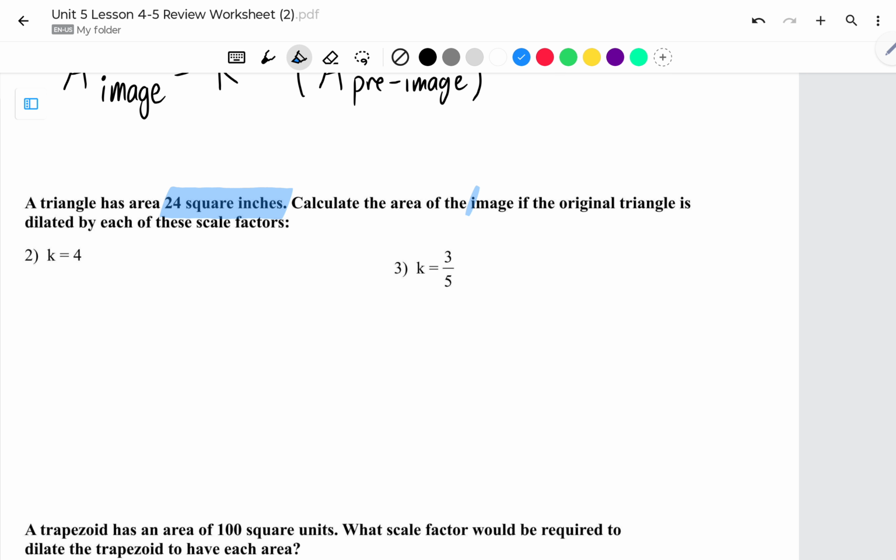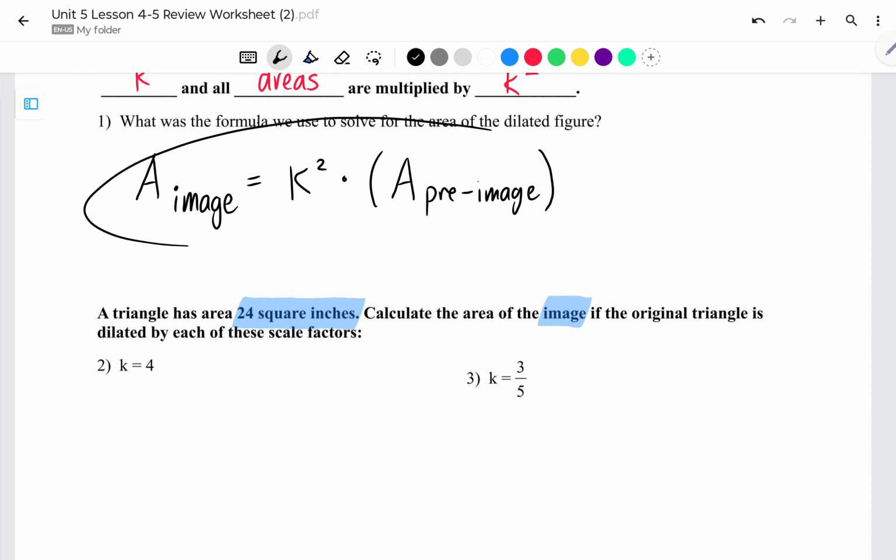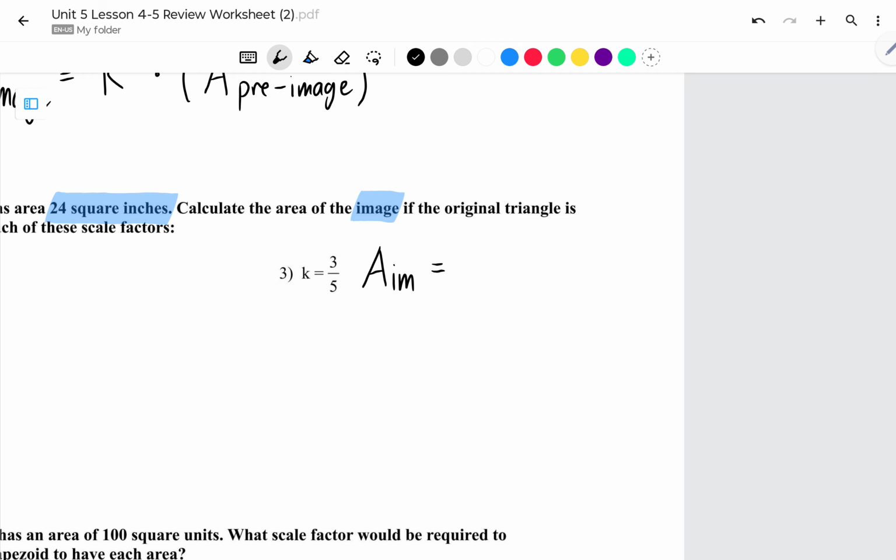Calculate the area of the image if the original triangle is dilated by these scale factors. So again, I'm going to use this formula up here. The area, and I'm going to start abbreviating, I is image and P is pre-image.